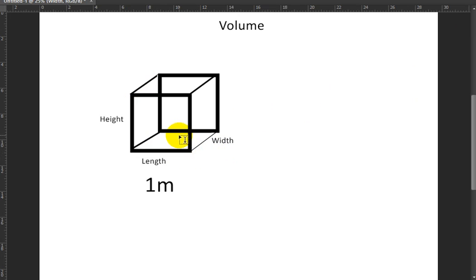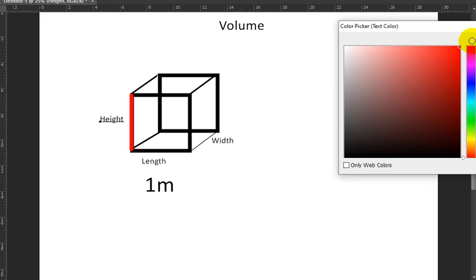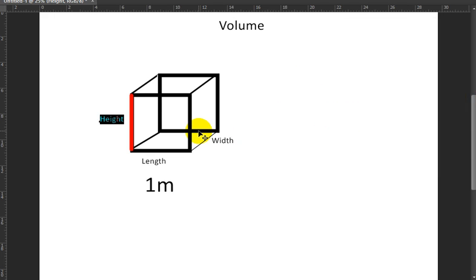So let's make that with colors. So the red is the height. And it's not just this specific side.